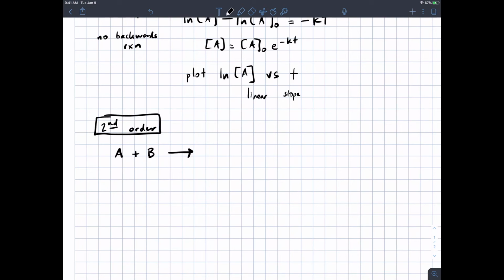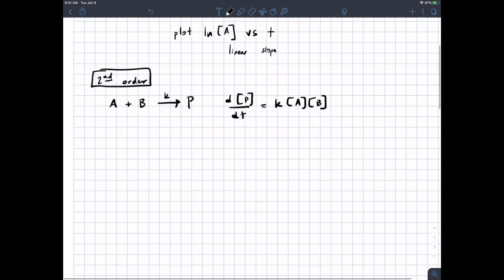Second order irreversible reactions would involve A reacting with B to give us product P. The rate of appearance of product P is going to be proportional to the concentration of A and the concentration of B. That rate is going to be first order in A and first order in B, but second order overall.